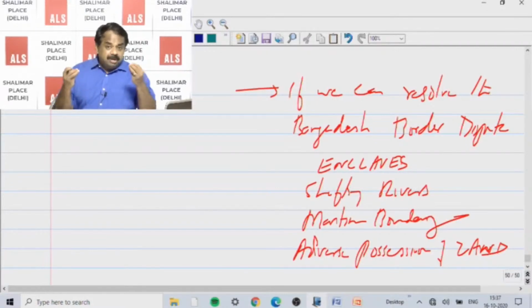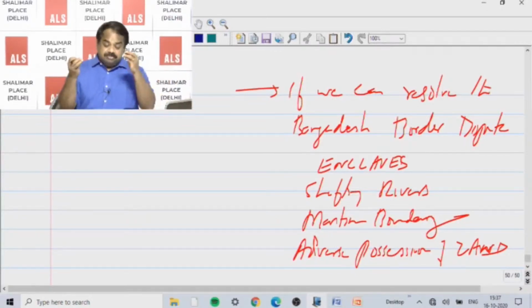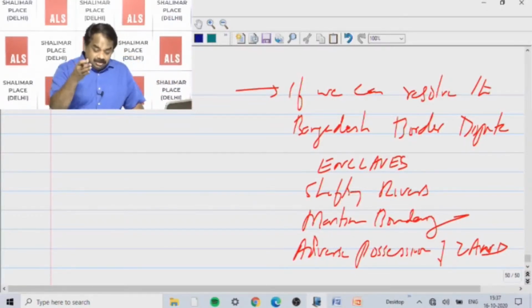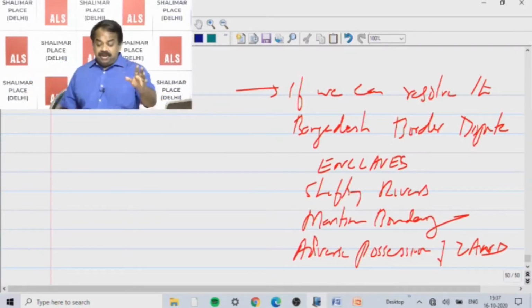The problems are very minute when it comes to that river. The only dispute is regarding the origin of the river, and we have to decide which stream is the original stream. That's all. We can appoint a commission if we cannot agree. We can go to the PCA. We can finish it off.